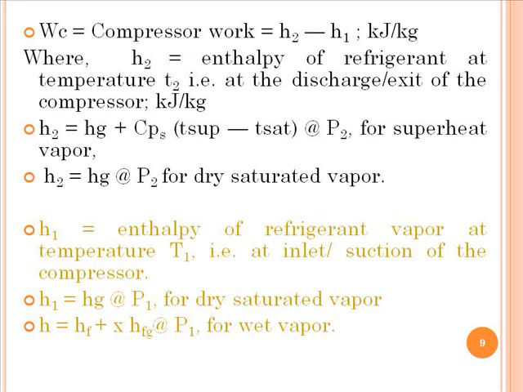If the state 2 is a dry saturated vapor, then H2 equals Hg at P2 pressure, and H1, that is enthalpy of refrigerant vapor which is entering into the compressor at inlet with the temperature T1, then H1 equals Hg at P1 pressure if the vapor is dry saturated one, or H1 equals Hf plus X Hfg at P1 pressure if wet vapor enters the system. But generally entry of wet vapor in the compressor is not desirable at all.